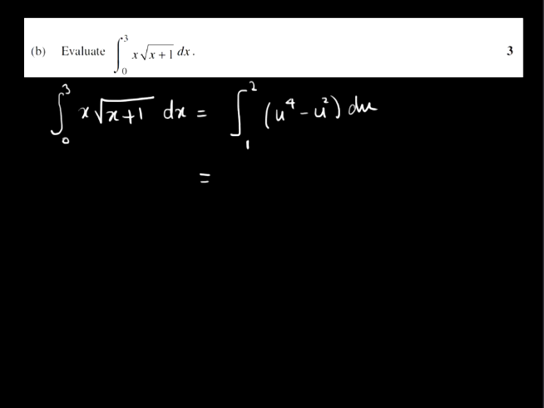So now it's a matter of just solving this. So the primitive of u to the power of 4 is u to the power of 5 on 5, minus u cubed on 3, with limits 1 to 2. And there's a 2 outside here.